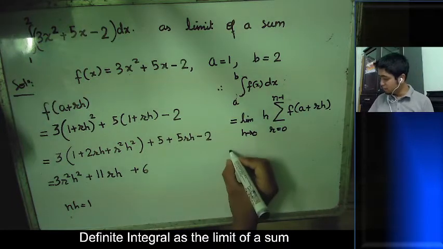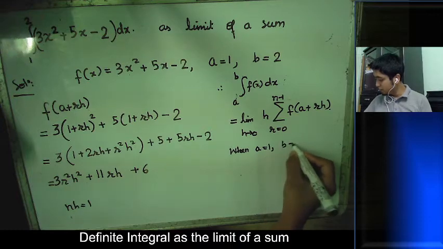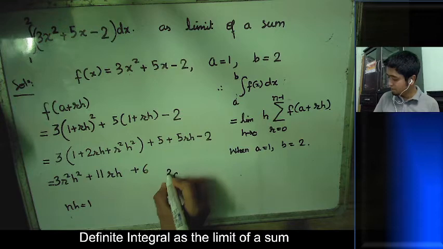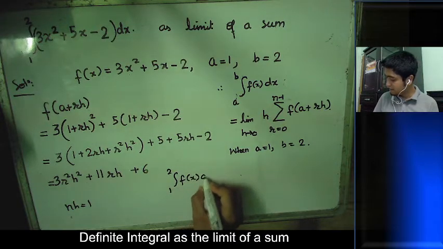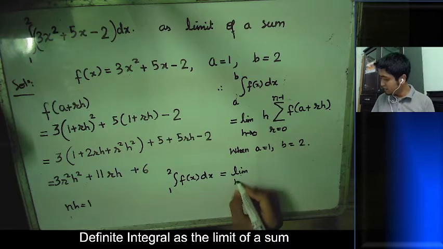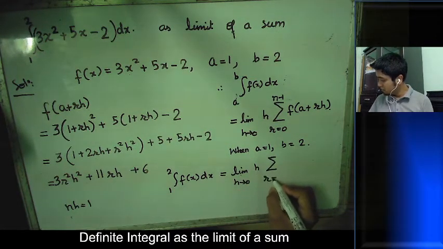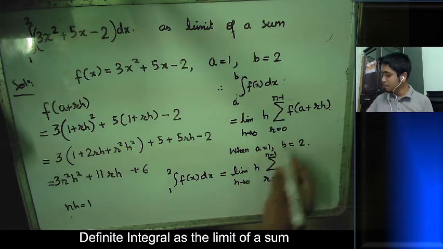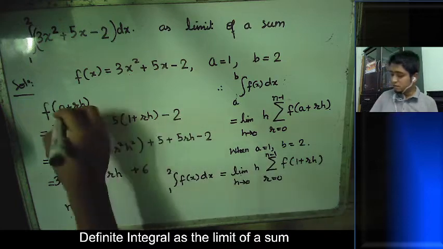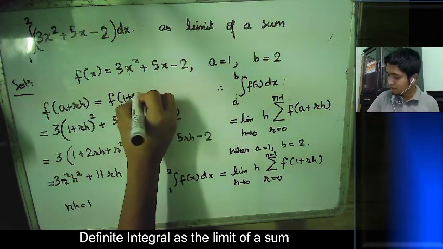So when a equals 1, b equals 2, this integral will change into integral from 1 to 2 of f(x) dx. It will be equal to limit h tends to 0 of h summation r equal to 0 to n minus 1, and over here will be f(1 plus rh). Since a is equal to 1, it will be f(1 plus rh).